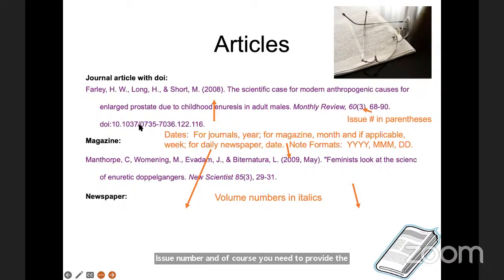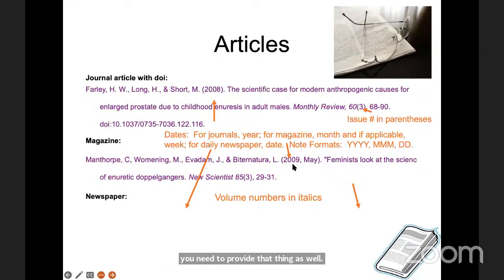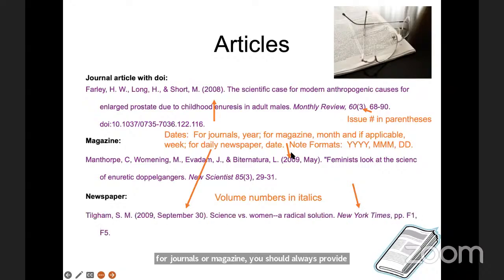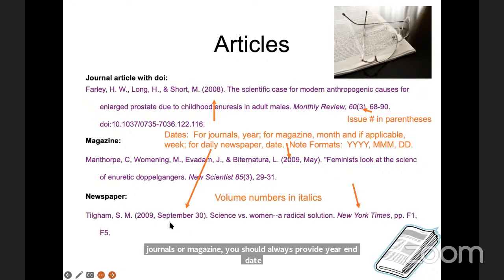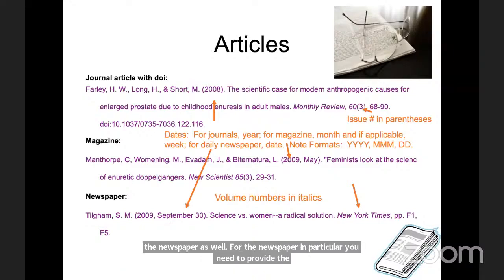DOI is digital object identifier. You need to provide that as well. And for the magazine, you can use the year and also the date. For journals or magazines, you should always provide year and date. For the newspaper as well. For the newspaper in particular, you need to provide the day, month, and also year, this way.